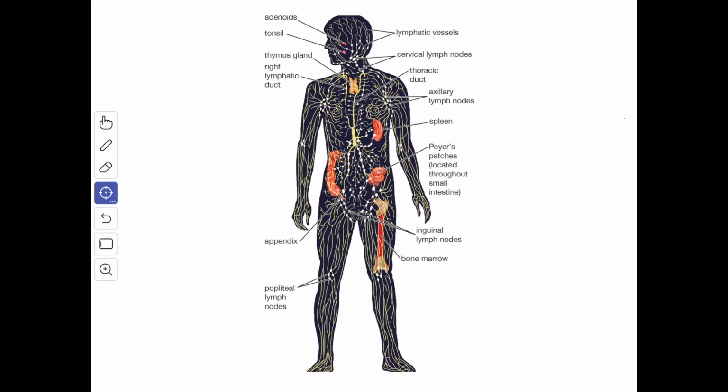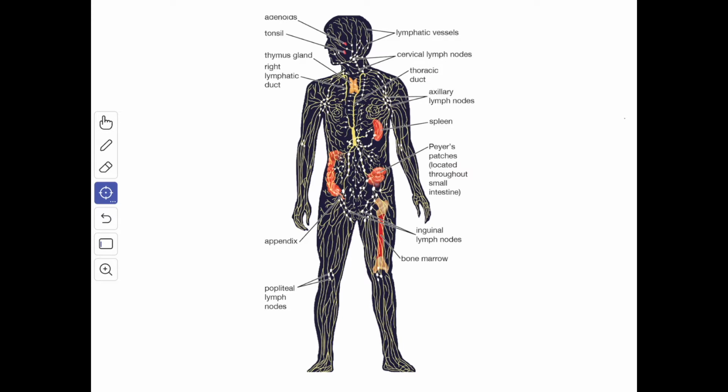Next we'll see about the dense lymphoid tissue. It consists of an aggregation of lymphocytes arranged in the form of nodules. These nodules are found either as a discrete encapsulated organ or in close association to the lining epithelium of the gut.